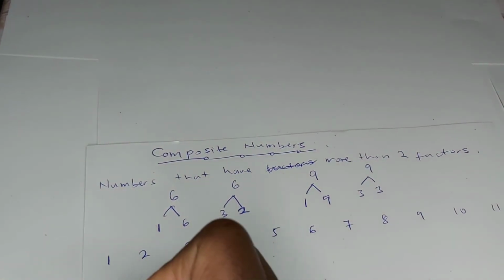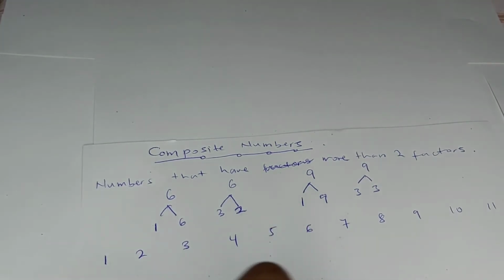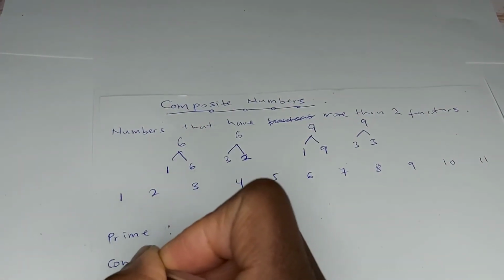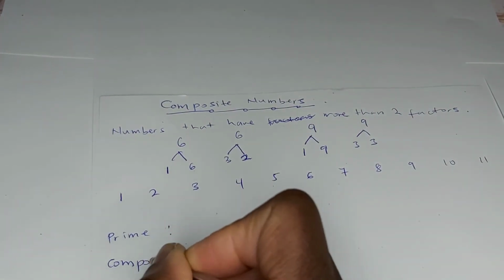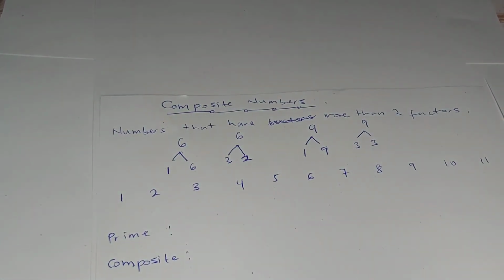Now prime and composite numbers. So we say 1 is not a prime number, and not a composite number either, because 1 is a special number, neither prime nor composite.